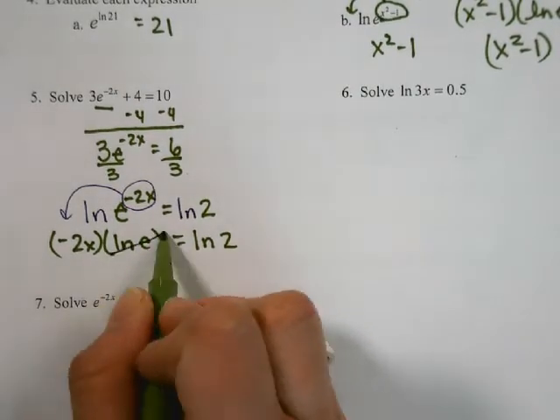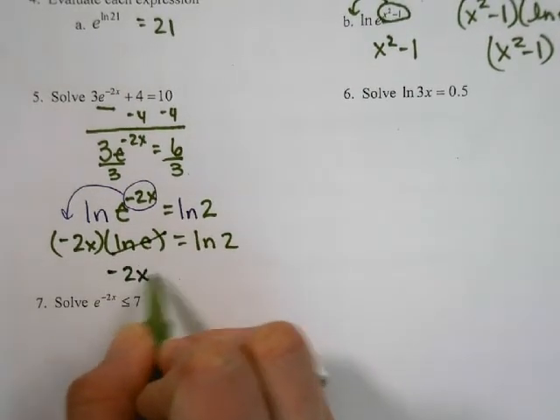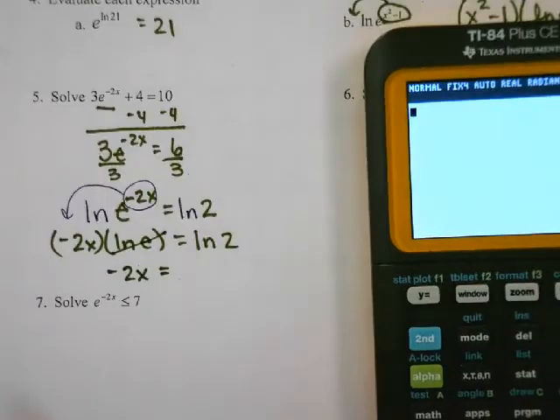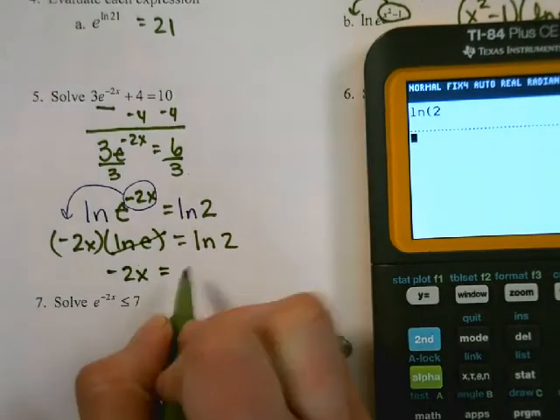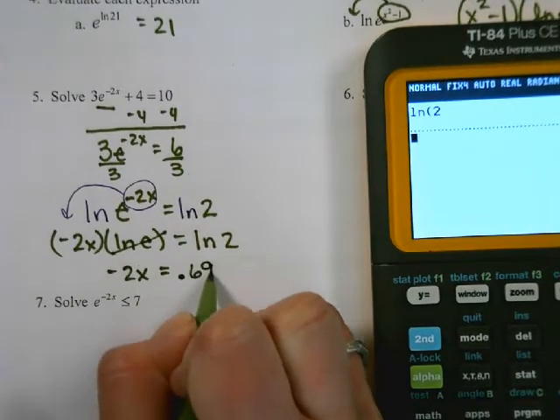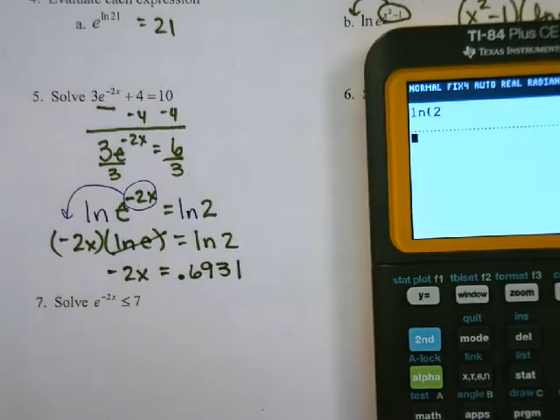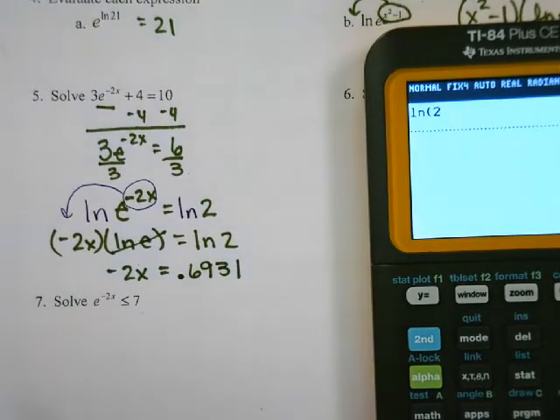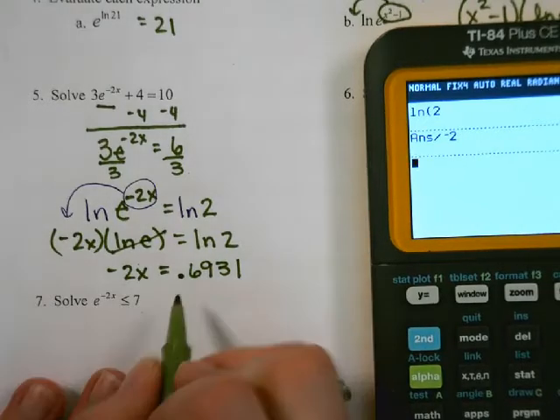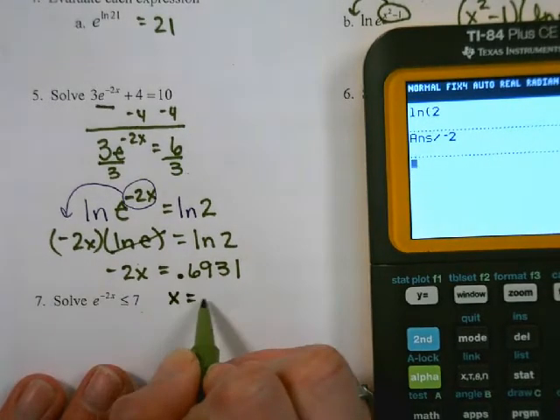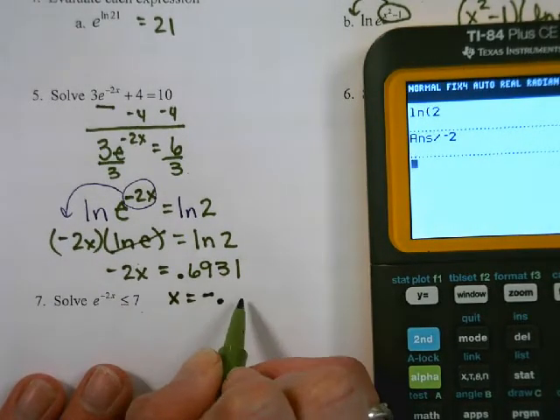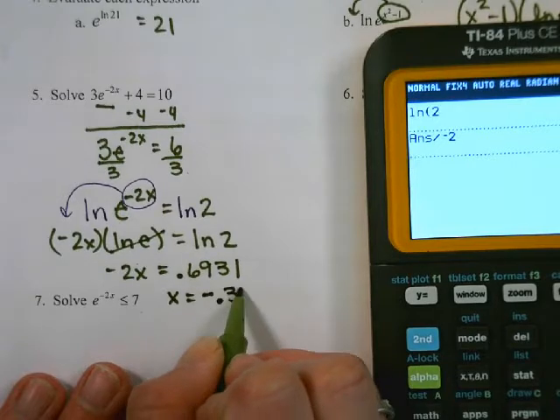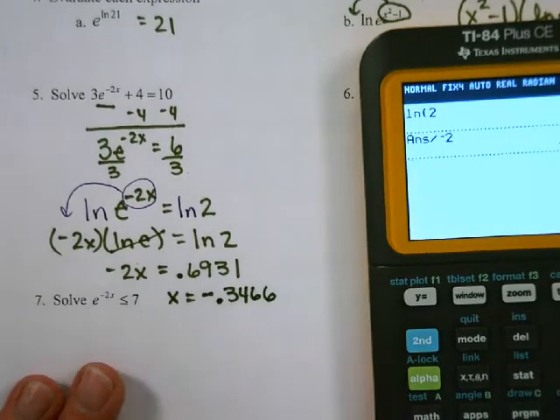So this guy goes to 1, so I get negative 2x equals, and now I'm going to put natural log of 2 in my calculator. And now we can divide by -2, so x equals -0.3466.